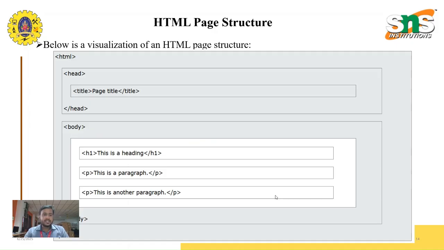As I told you in the previous classes, HTML starts with the html tag and ends with the closing html tag, and within the html tags there are the head and body sections. The head is the space used for displaying the title, and the body encloses the body contents, which might be a heading, a paragraph, or another paragraph.